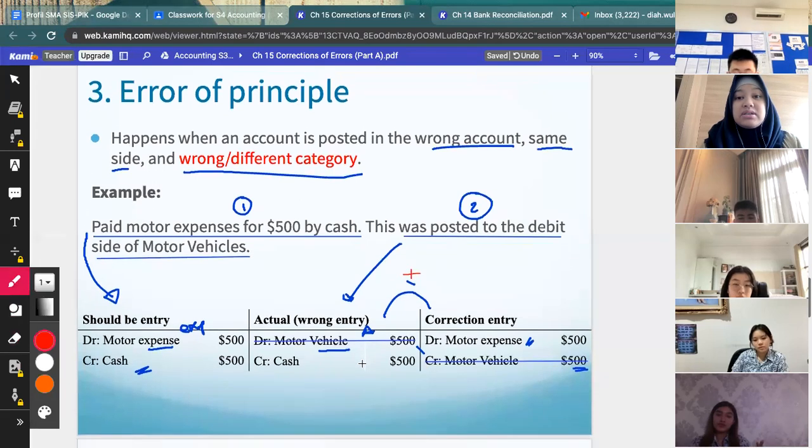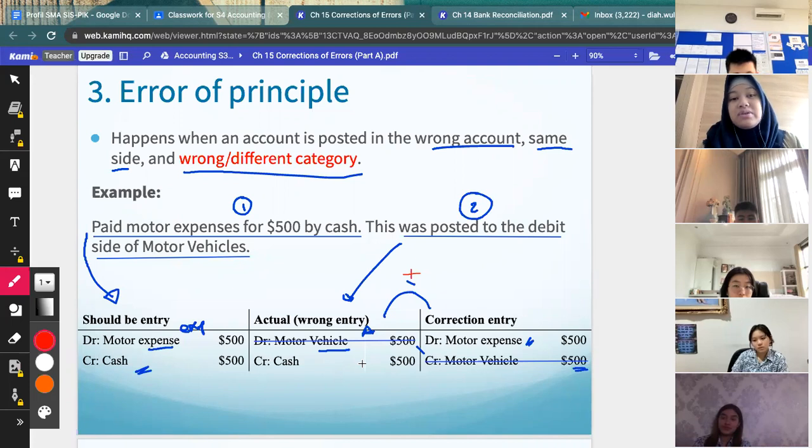Remember, correction in journal entry is not like you trace back the transaction before and then you erase it and make corrections on that. You cannot, because sometimes in a company, they are using accounting software.